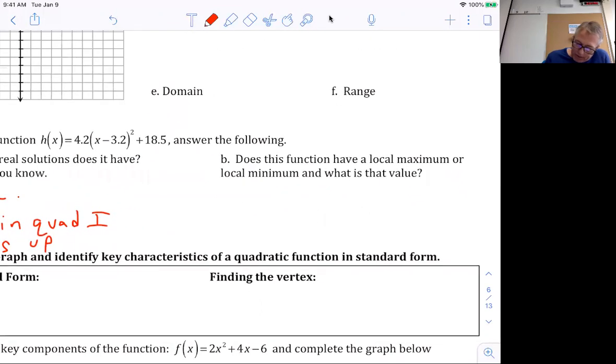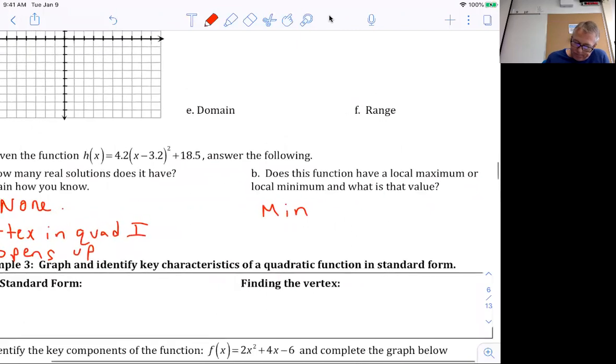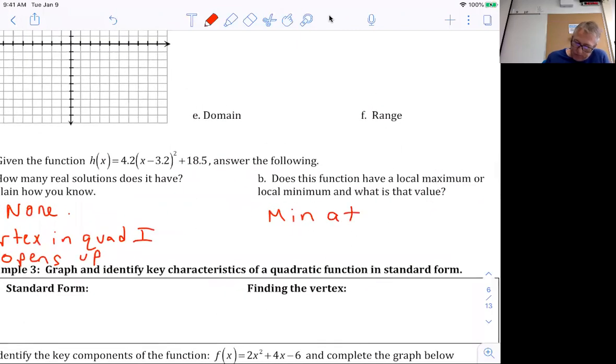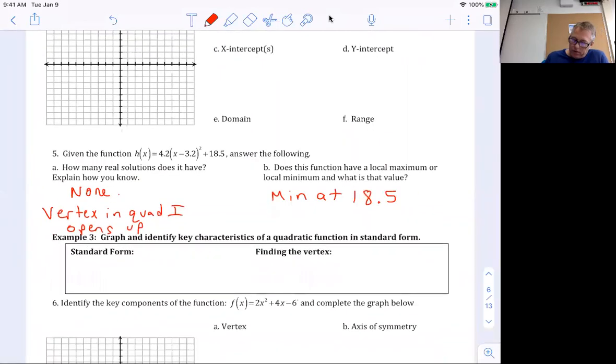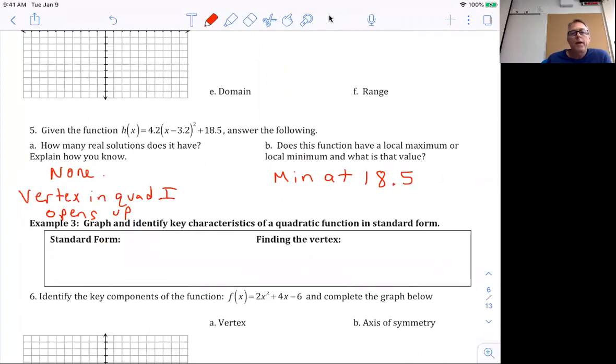Therefore, it has a minimum. Now, what is the minimum? Well, if it opens upward, it's going to be the y value of the vertex, 18.5. So it has a minimum at 18.5.